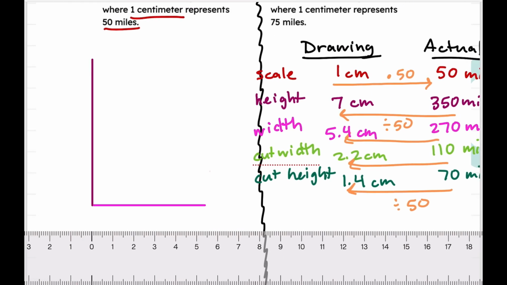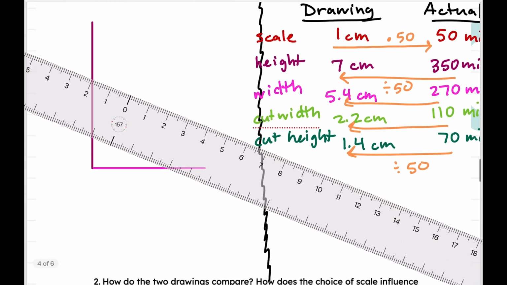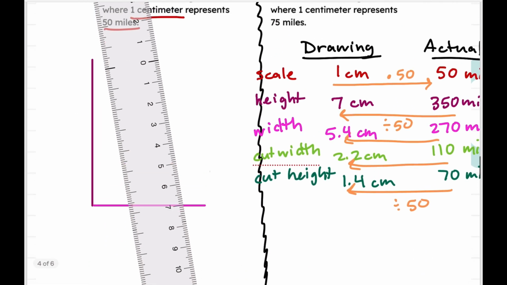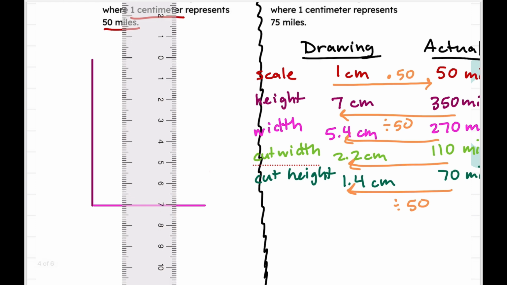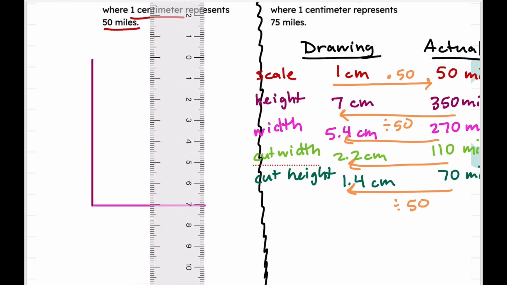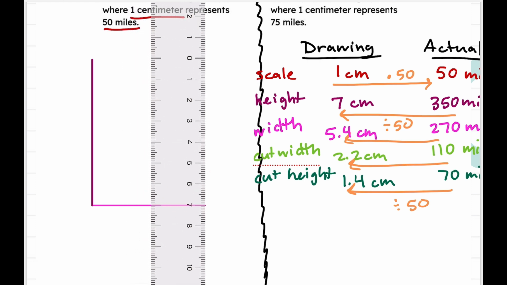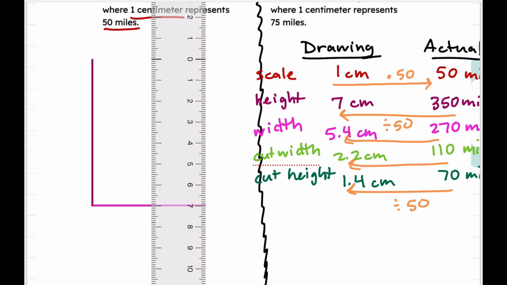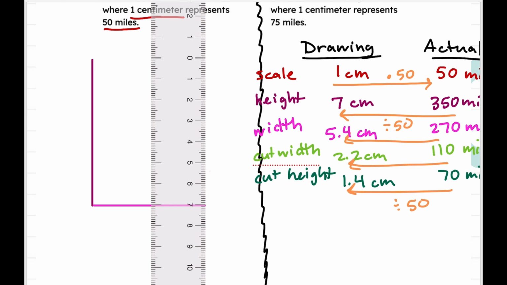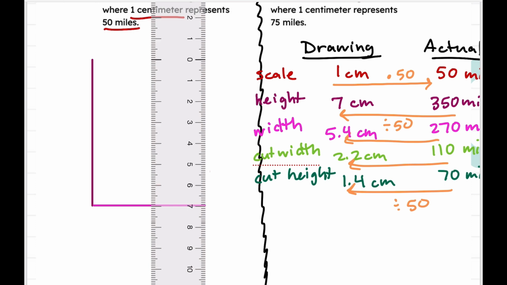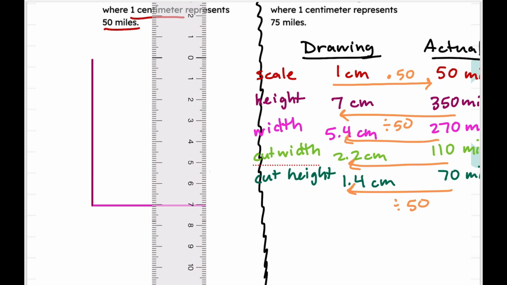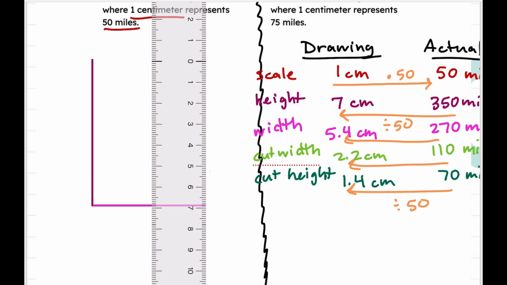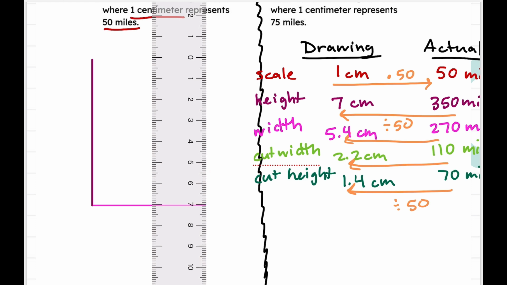Now, I need to finish up that rectangle, so I need to draw another height that's 7 centimeters. This time I'm going to line up the bottom part there at the 7, and I'm going to draw until I get up to the 0. You can always rotate your ruler in the other direction as well. I can't get it just right.